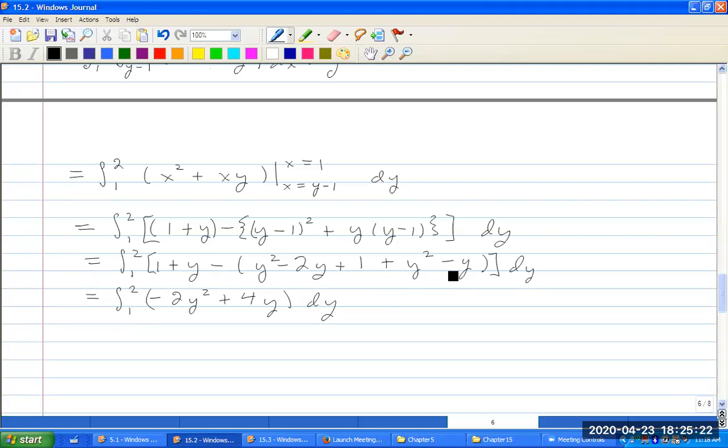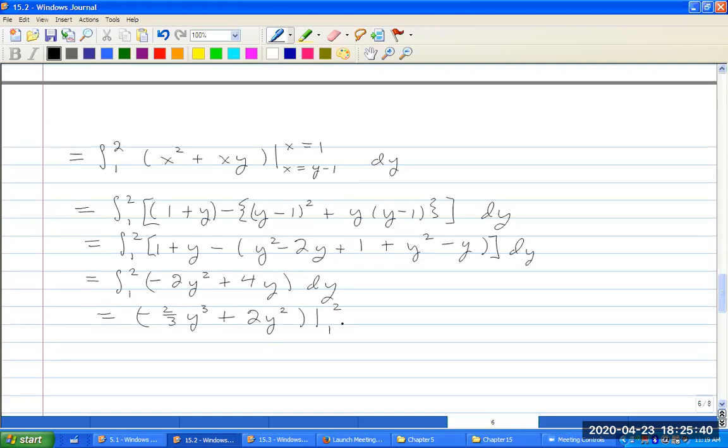Okay, and so let's integrate this. So this is equal to minus 2/3 y cubed plus 2y squared evaluated between 1 and 2.